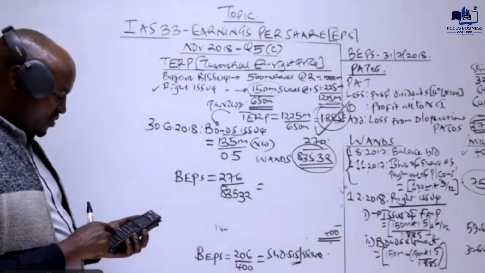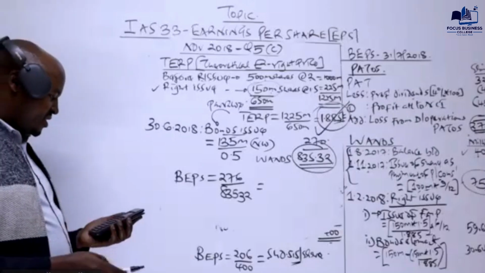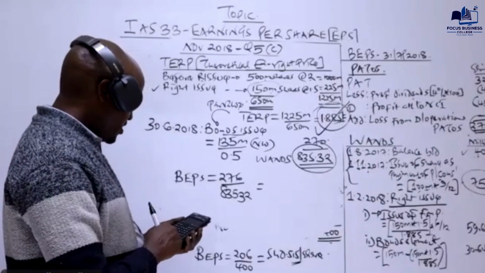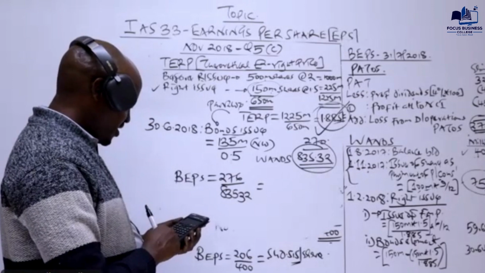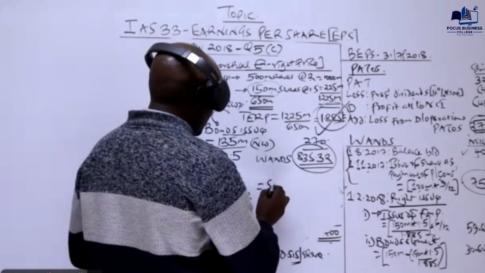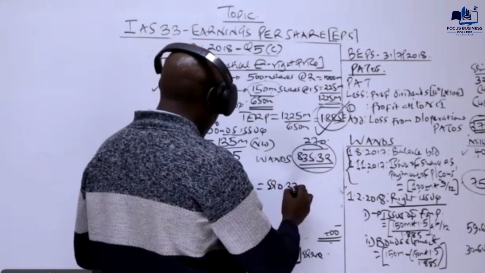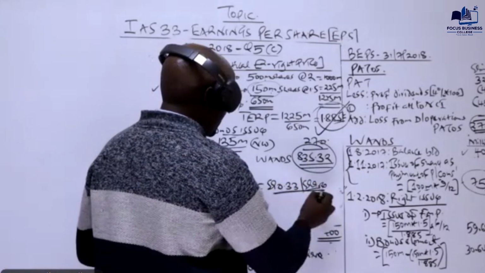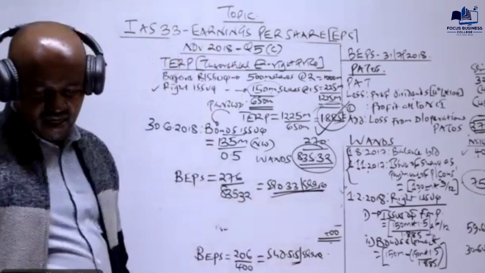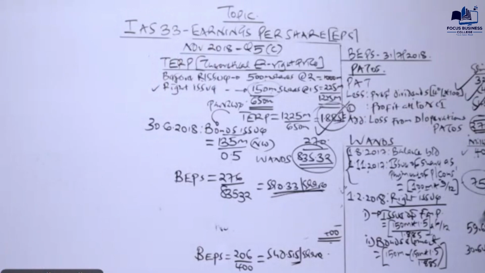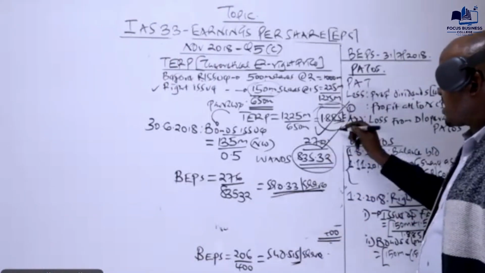So that will give us what? 276 divided by 835.32. I'm getting shillings 0.33 per share. Yes, that is basically what was required in such a question. What is marked are these items there. These are the figures which will be marked there.